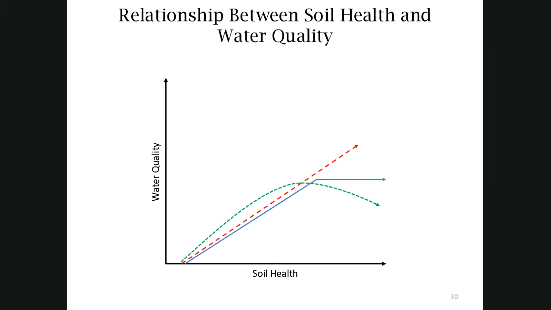We really don't know, so that's something we need to think about. And here I'm not talking about individual soil health parameters, but soil health as an aggregate. I don't want to use the word index, but it's soil health as an aggregate, not an individual property.